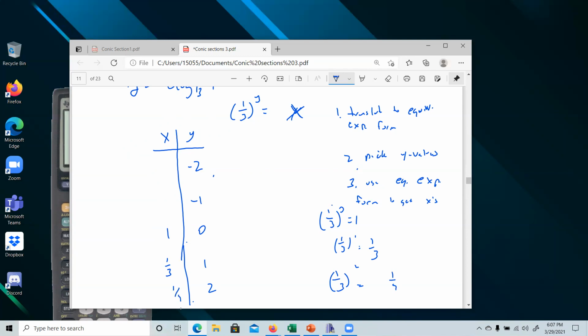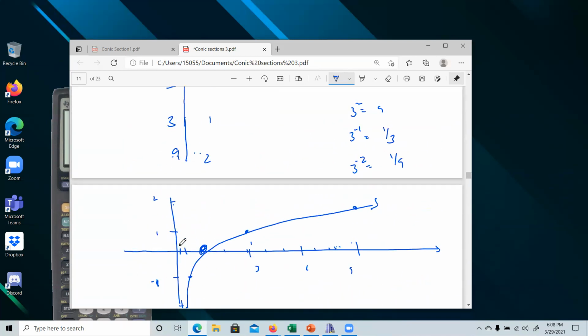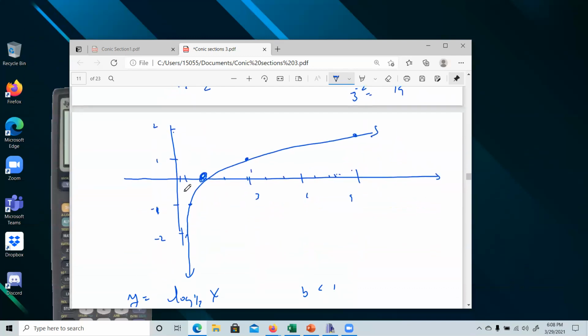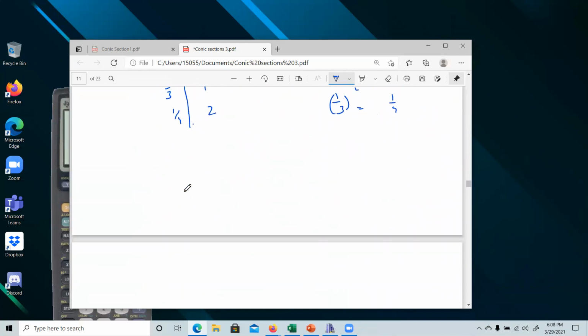Okay, to the negative 1, that was going to be 3, right? 1/3 raised to the negative 1 is 3. 1/3 raised to the -2 is the reciprocal, so it's 3 squared, which is 9. All right, so I just want you to look at this one and then look at the other one and think, wait, those numbers look all familiar. Yep, but they're reversed. They're in the wrong spots, right? That's why I did 3 and 1/3.